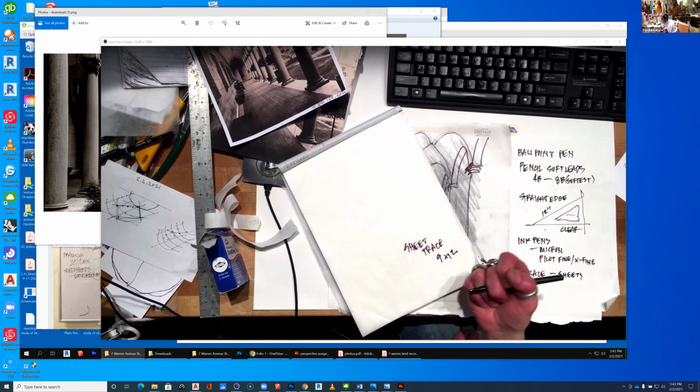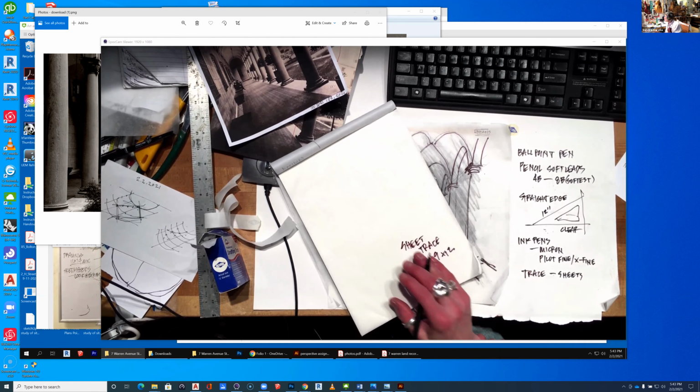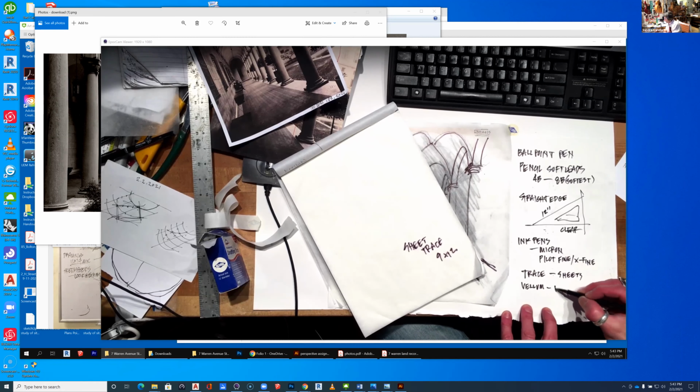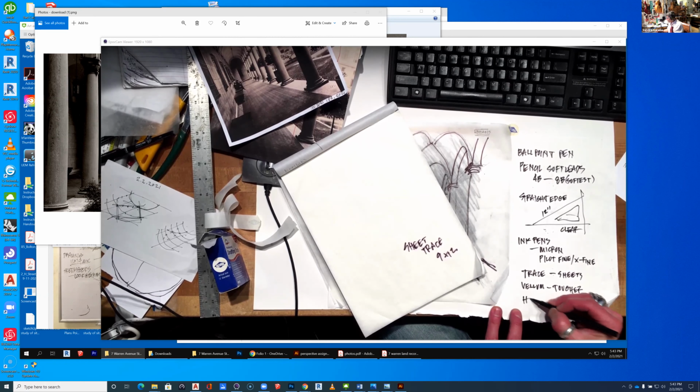If you want something a little tougher than the trace, you can use vellum, it's a little tougher to see through. And then high quality paper. White paper. This will get us started.